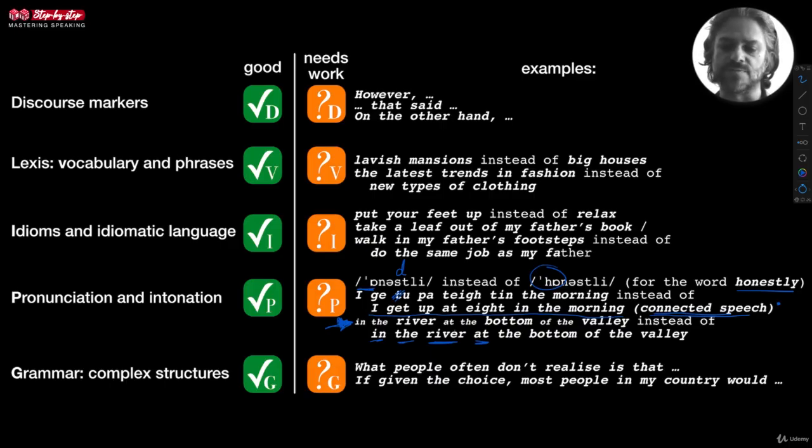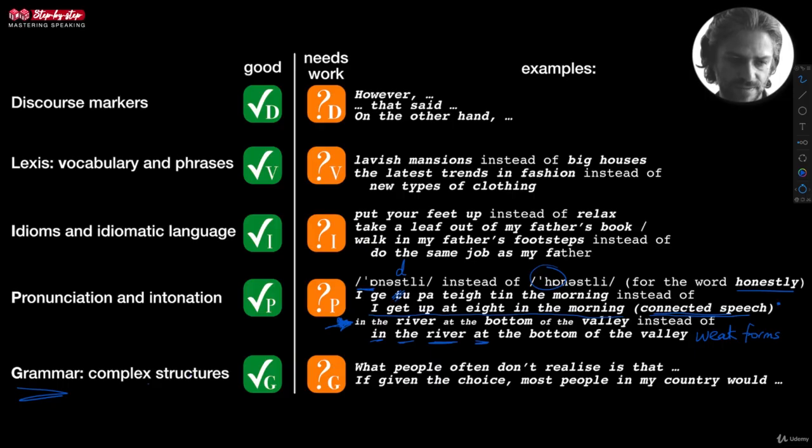The strong syllable in the word river, ri, is the same length as in. In the river, at the bottom of the valley. Okay, but we'll talk about that as well. This is called weak forms. We'll be talking about those in this course as well.